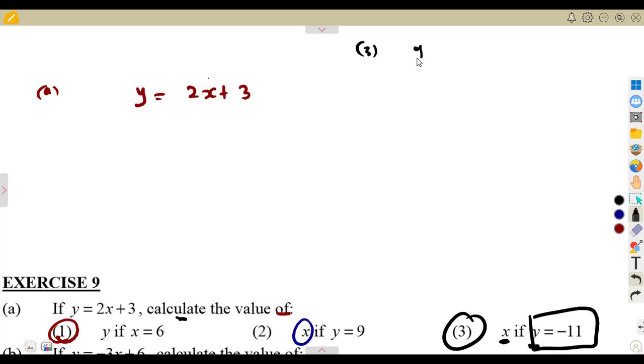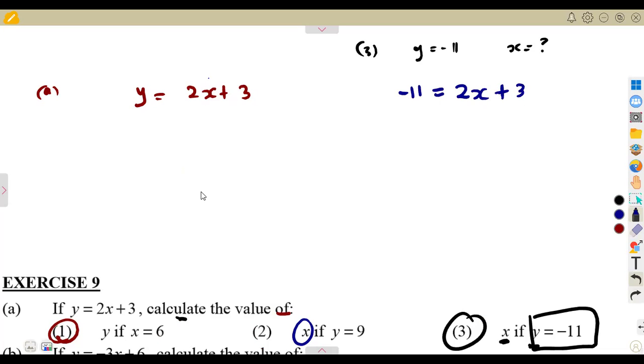We are given that y is equal to minus 11. So what is the x value? We do not know. So in place of y, we substitute minus 11, is equal to, as it is on the other side, 2x plus 3.